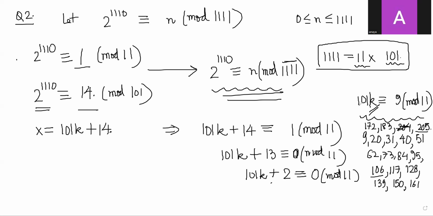Getting multiples of 99. 9 mod 11. We have to check whether any of the numbers 202, 303, 404, 505 appear or not, right?